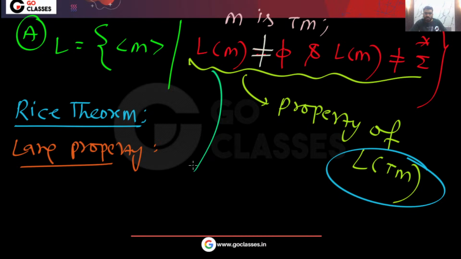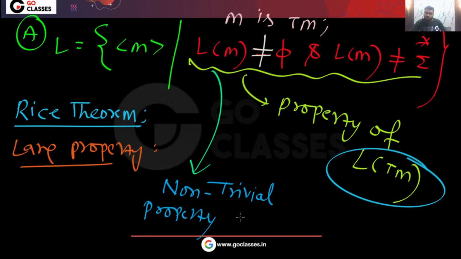Is this a trivial or non-trivial property for RE languages, recursive enumerable languages? This is a non-trivial property.